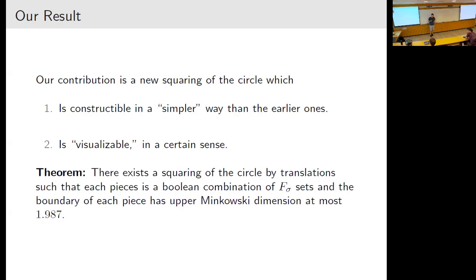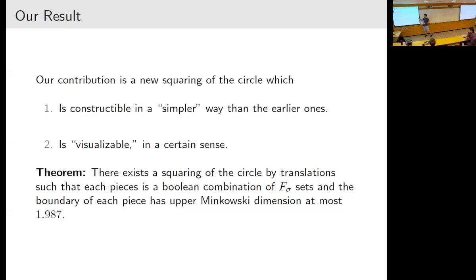So the technical statement is we prove that there exists a circle squaring. Again, we only use translations, such that each piece is a Boolean combination of F sigma sets. Don't worry if you don't know what that is. It's just a little bit more complicated than open and closed sets.